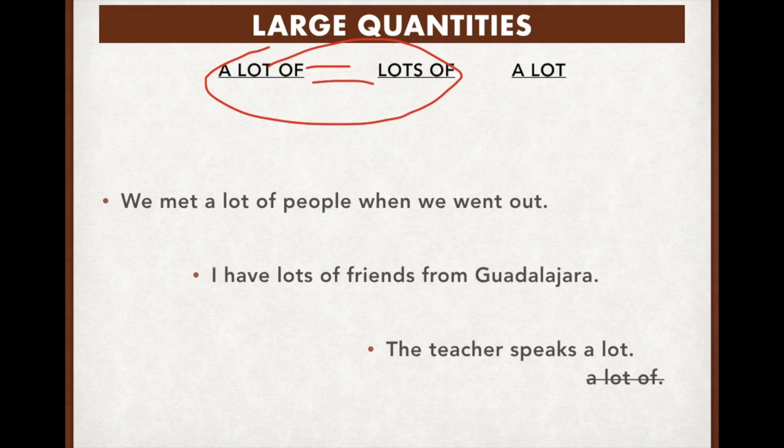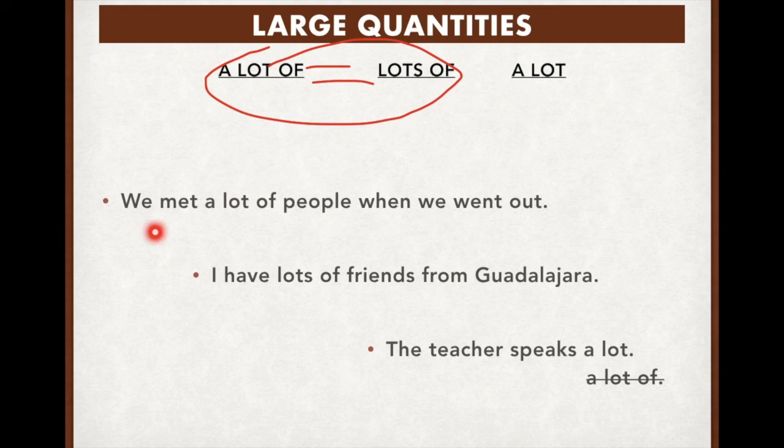And now this one is different. Why? Because when we have of, whether it's a lot of or lots of, we have something, a lot of people, lots of friends. But here we don't have anything. The teacher speaks a lot. We cannot say a lot of because there's nothing here, right? So we use this in positive or negative or questions.